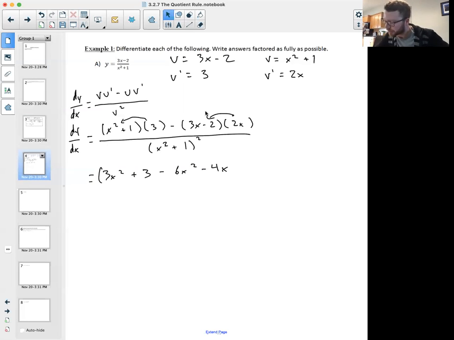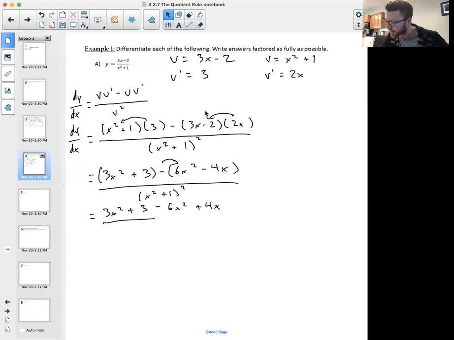So if we do brackets here, and distribute this negative in there, we'll get 3x squared plus 3 minus 6x squared plus 4x, divided by x squared plus 1 squared.